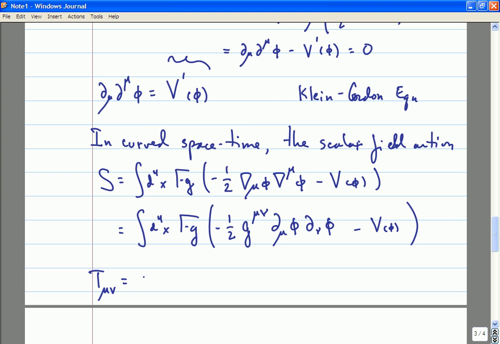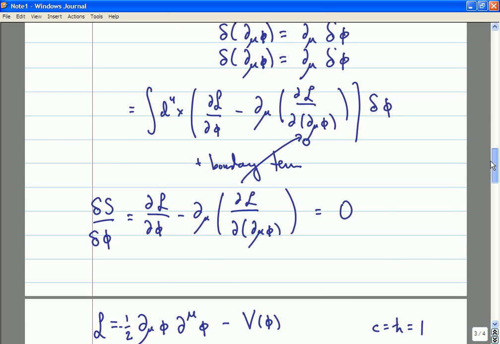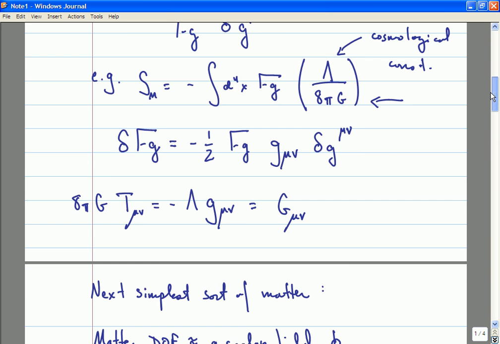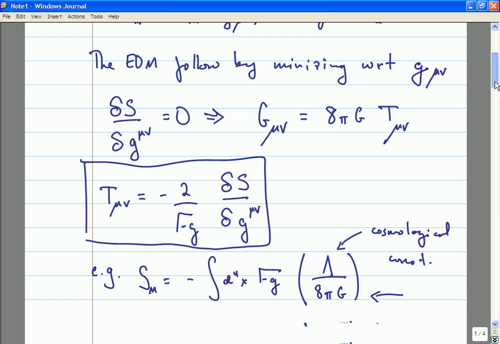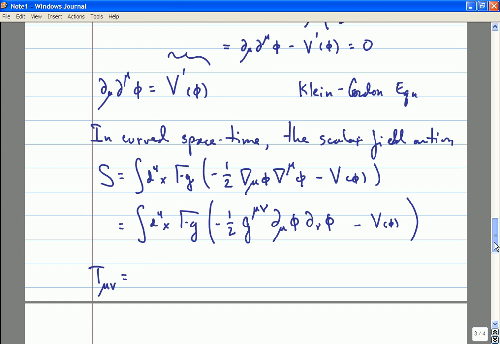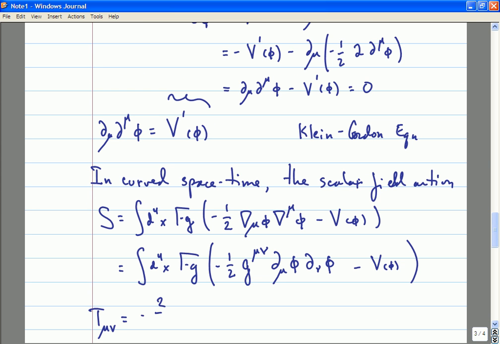So we just refer to this equation that we derived last time for the stress tensor in terms of the variation of the metric. So it's minus 2 over the square root of minus g times the variation of the action with respect to the inverse metric.